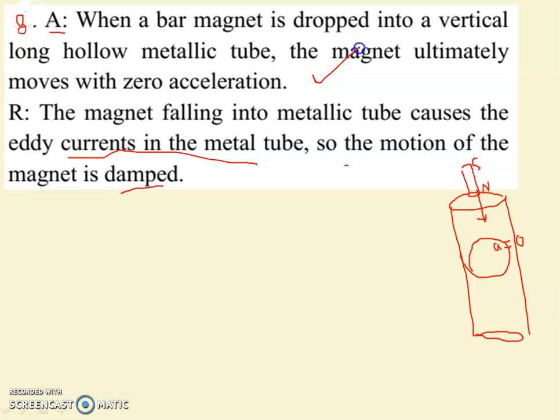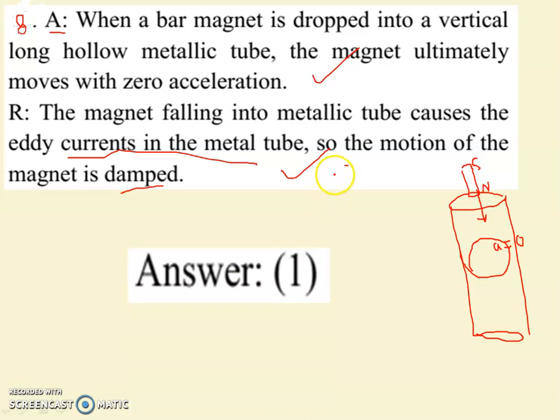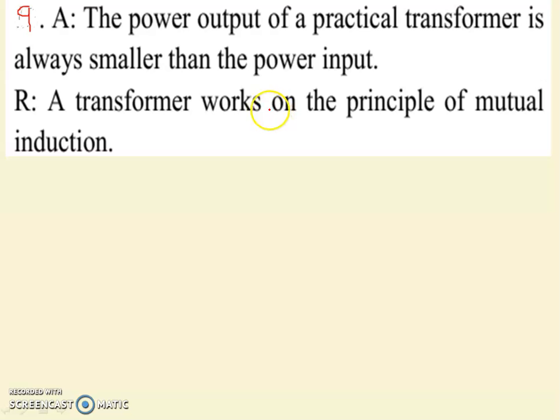So the assertion is correct and the reasoning is also correct, right? And the reasoning is also giving the correct explanation of the assertion. So answer A or 1 is correct, because in option A both are correct and the reasoning is giving the correct explanation of the assertion.